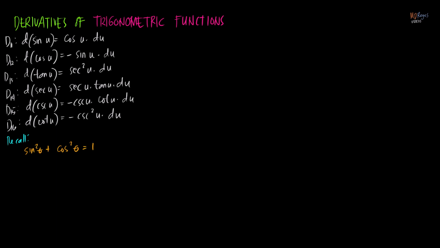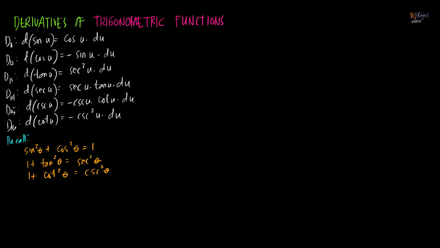Of course, we can use any variable to represent the angle. And then we have 1 plus tangent squared theta is equal to secant squared theta. And then 1 plus cotangent squared theta, I hope you remember this, is equal to cosecant squared theta. So these are the three Pythagorean identities that you have encountered already, I think.